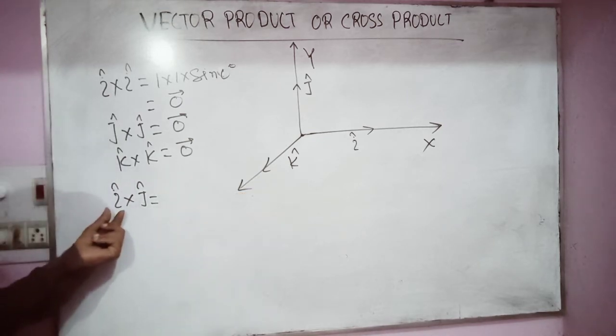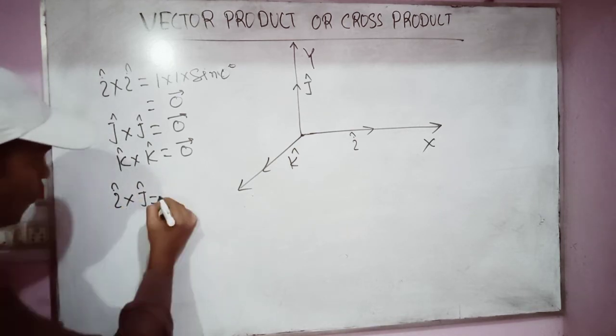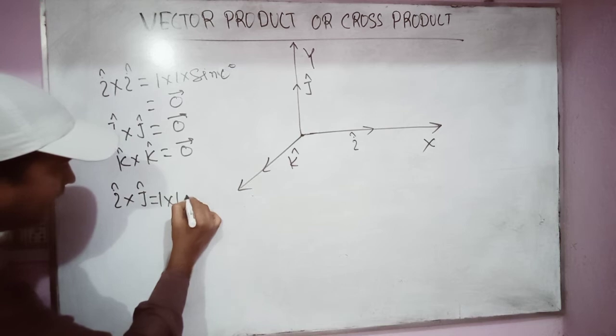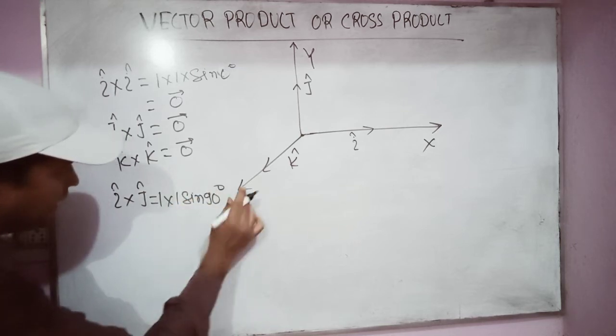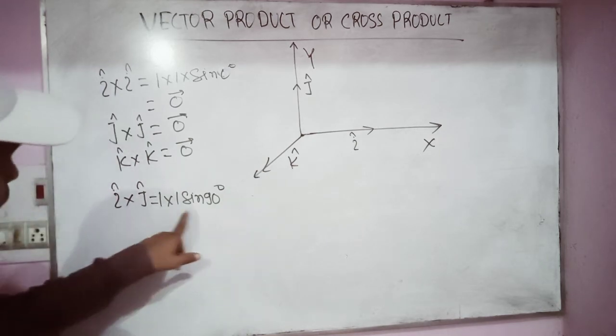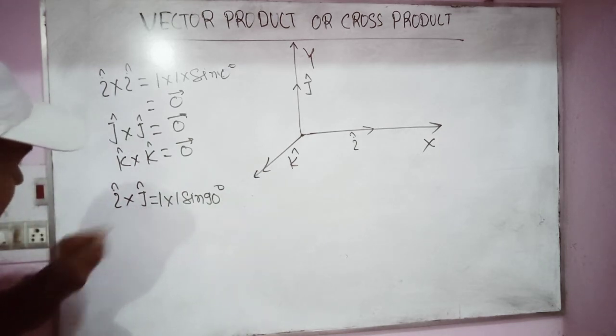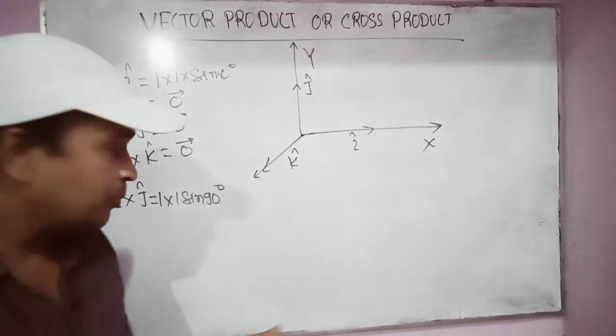Now what is vector i cap cross vector j cap? What is the angle between i cap and j cap? It is 90 degrees. So what is their magnitude? 1 into 1 and sin 90 degrees. And what is the direction of i cap cross j cap? Here to find the direction we will use the right hand thumb rule.